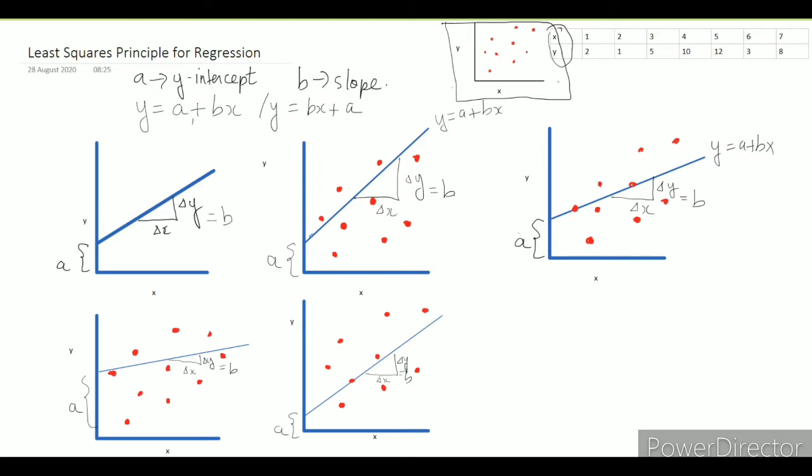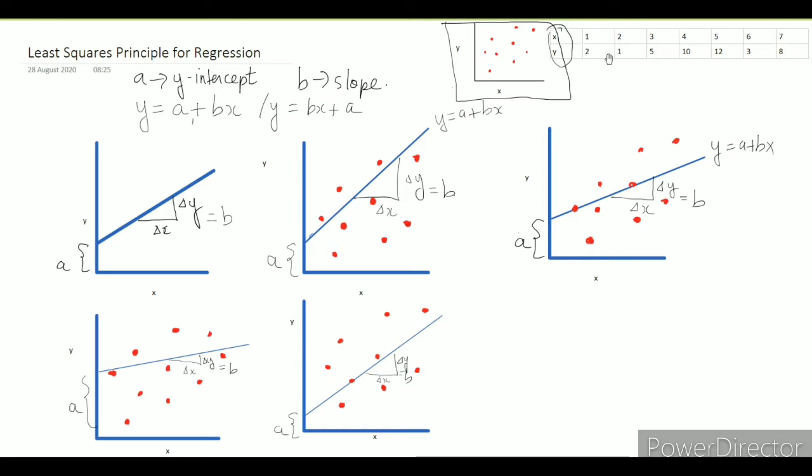So what we notice is that generally these points are moving up. Which means that if there were more values of x and y, the points will lie in this direction, moving up.